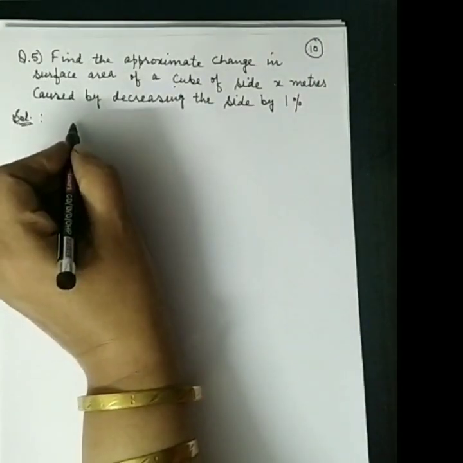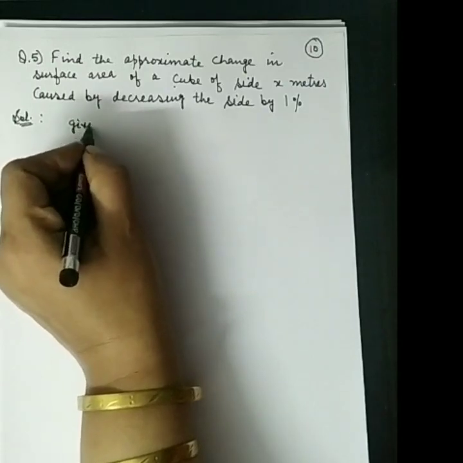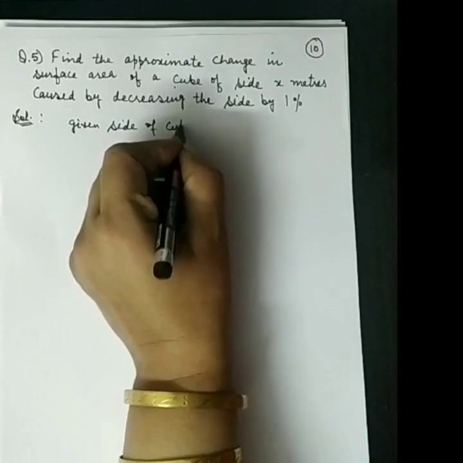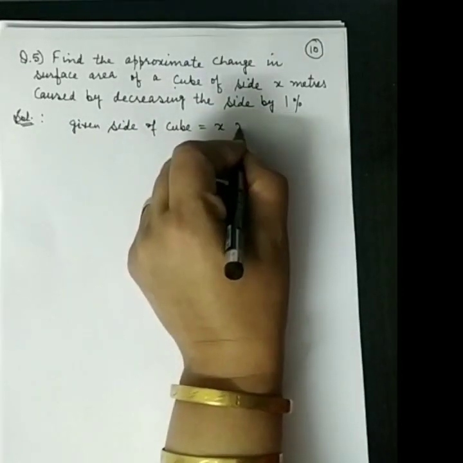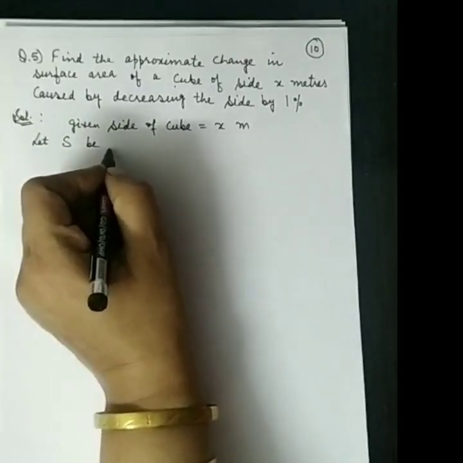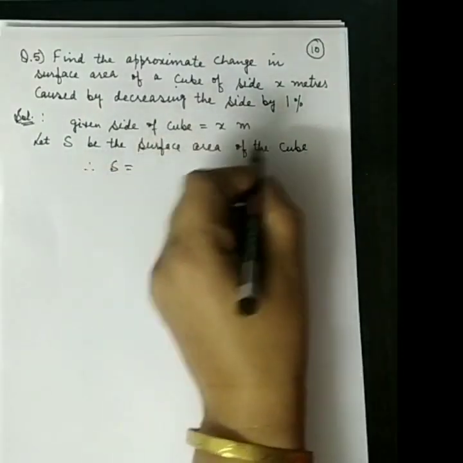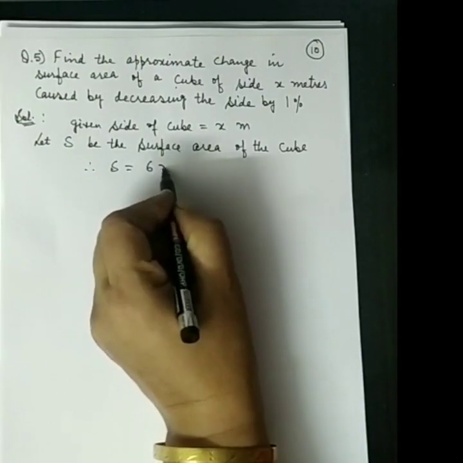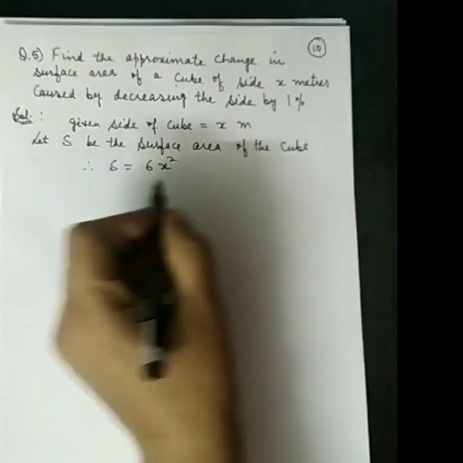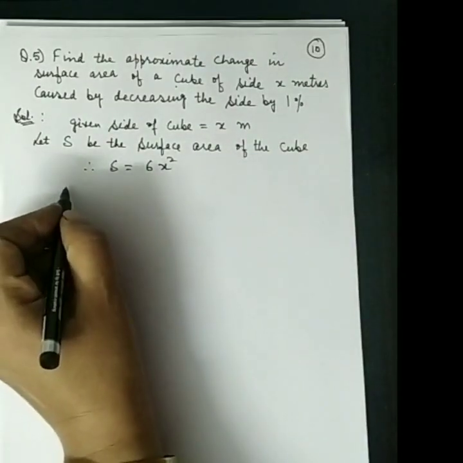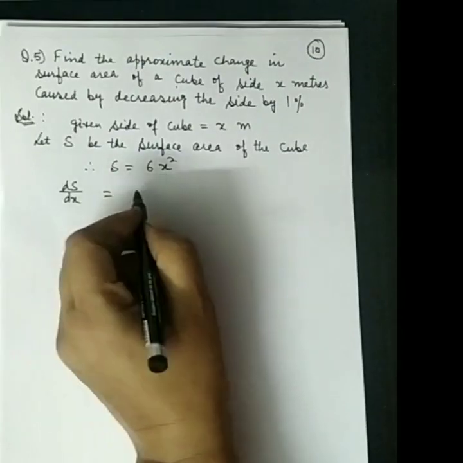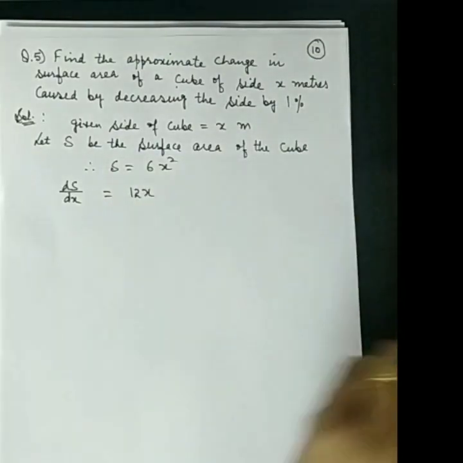Now, given side of cube is x meter. Let S be the surface area of the cube. So surface area is 6 into side square. Now find dS by dx, that is 12x.